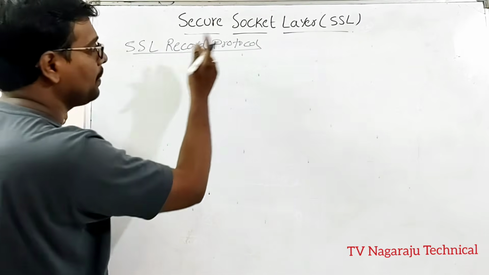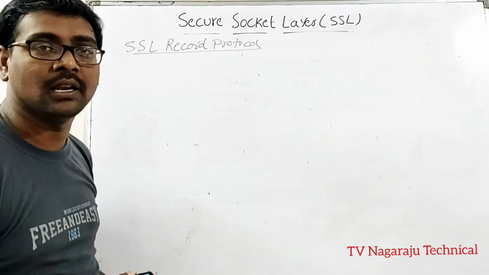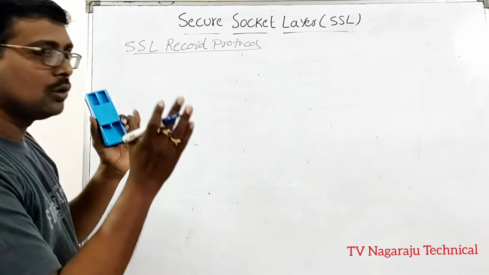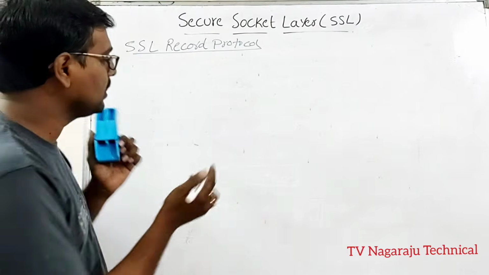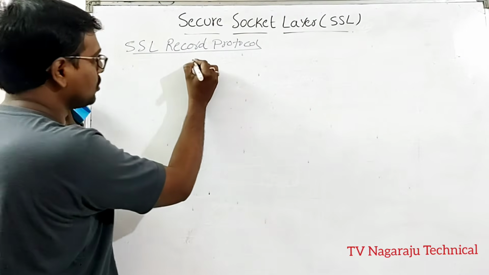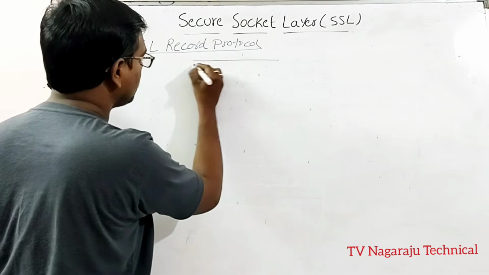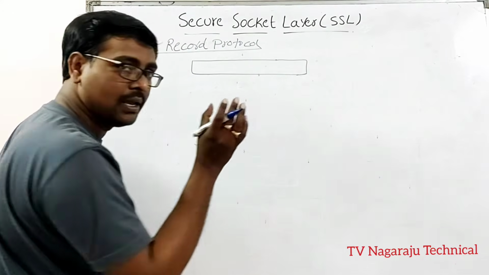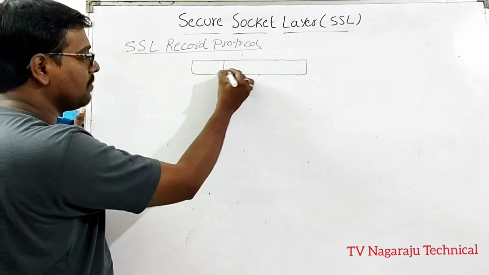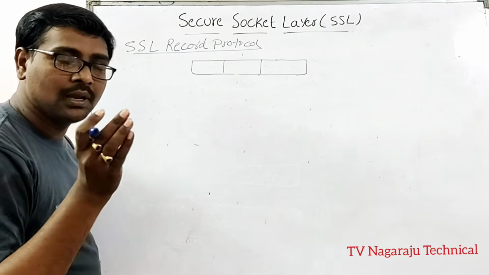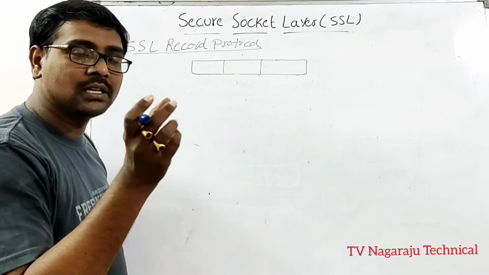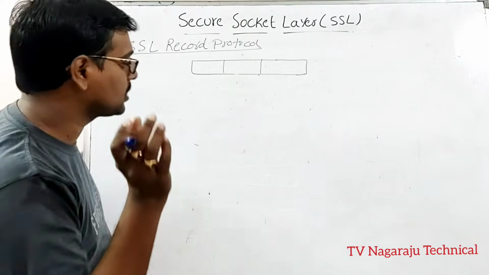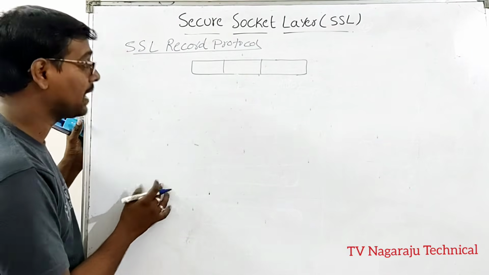So what happens inside this SSL Record protocol? An application data is given. Assume this is my application data. Generally the application data is divided into blocks, also called fragments.